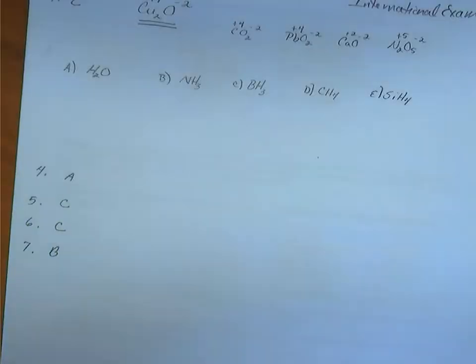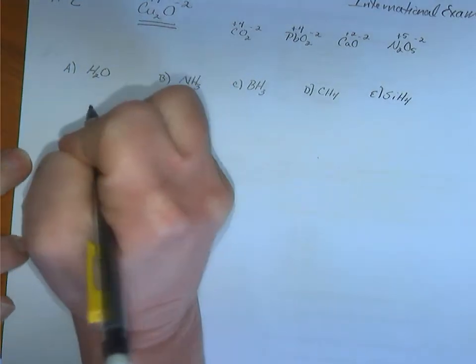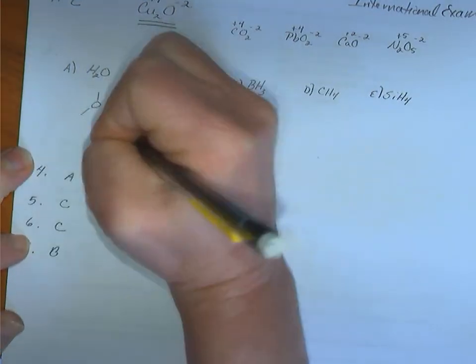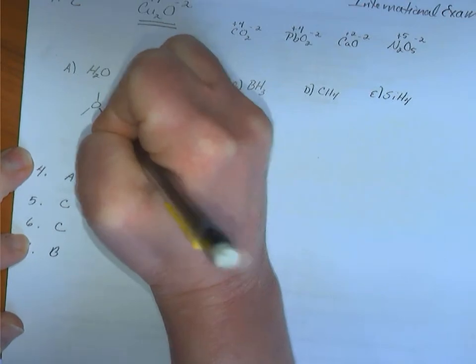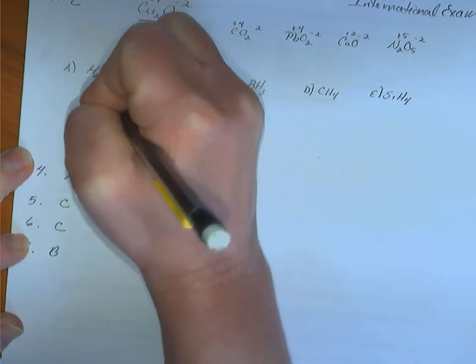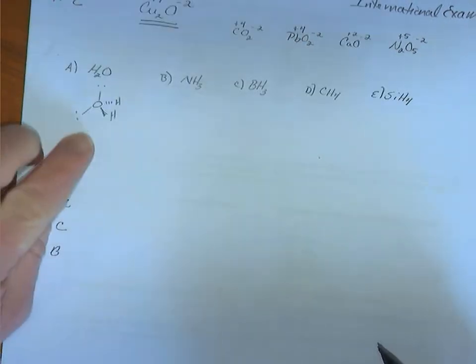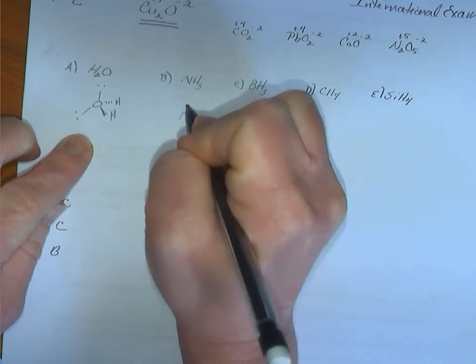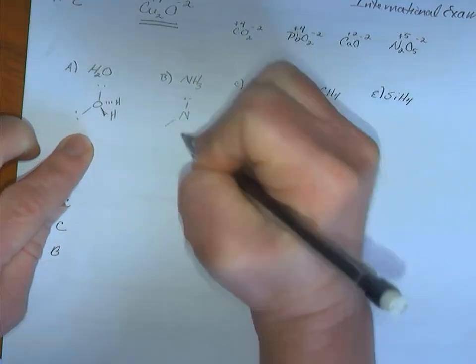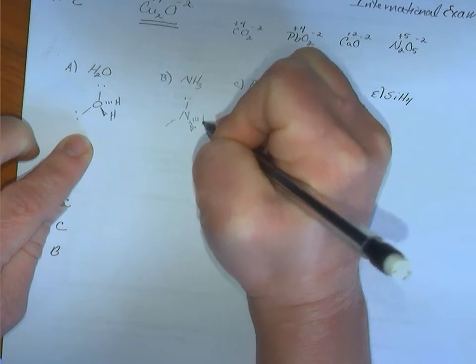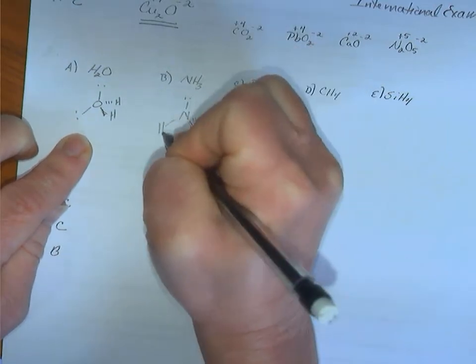All right, so questions 4 through 7, here are our answers, but a knowledge of the Lewis dot structures and geometries really will benefit us. So if you just know water and you just know ammonia. Now, remember, boron is an oddball.